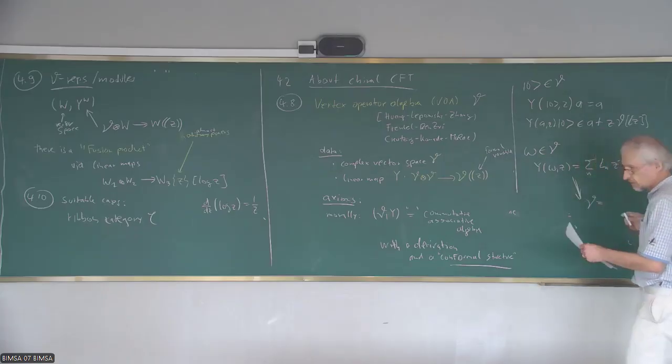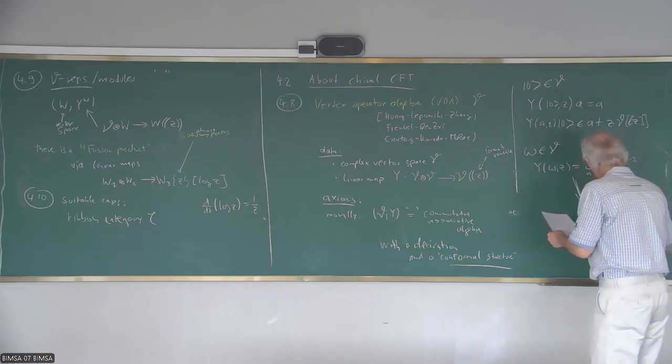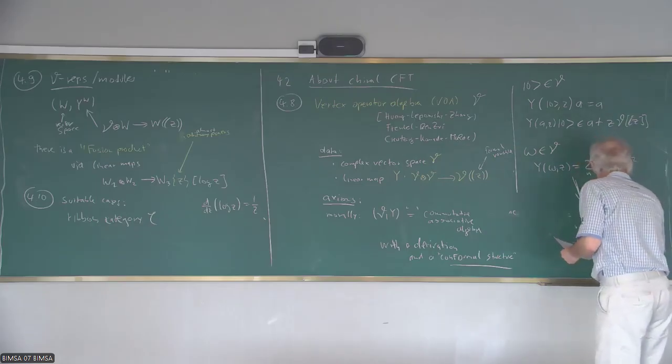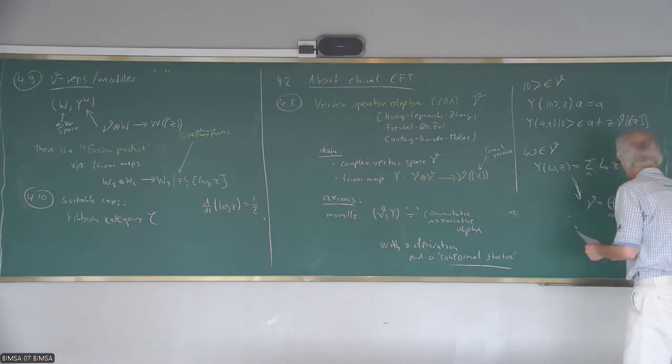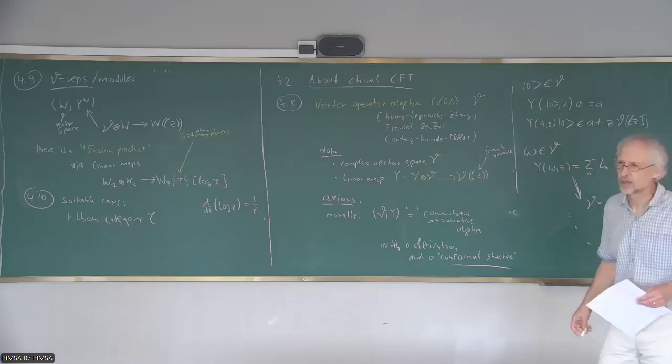because of the action of the Virasoro algebra on the vertex algebra, V comes with a natural integral grading V_n, and there are nice classes, essentially all that one really knows much about, where these graded subspaces are finite dimensional.